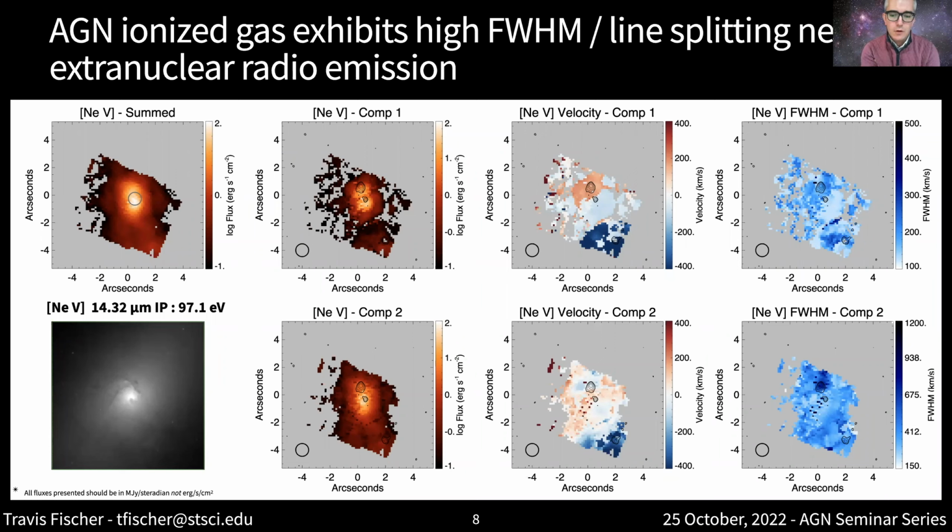You have all of this really ionized gas, but you are also producing this neon 5 in regions where there are no radio structures as well. So I can't say that it's necessarily affiliated with shocks at all, or it could just be photoionized. So my feeling is that it's still photoionized, but I would have to talk with my Cloudy friends about that.